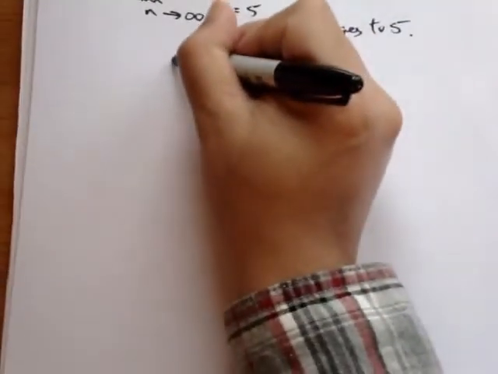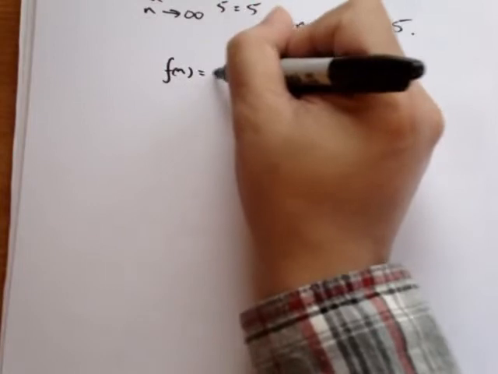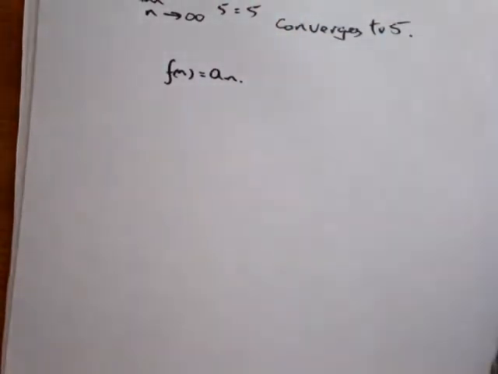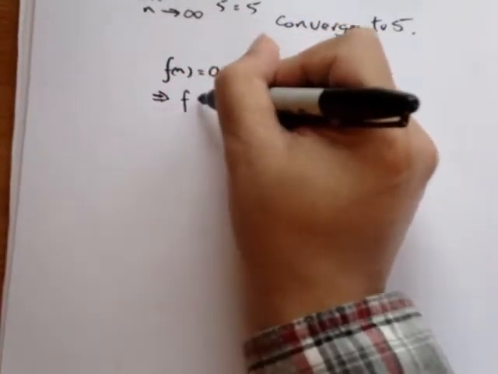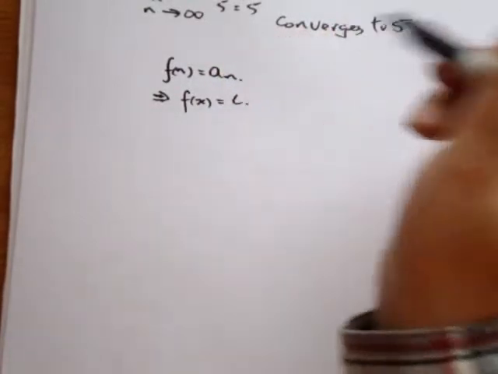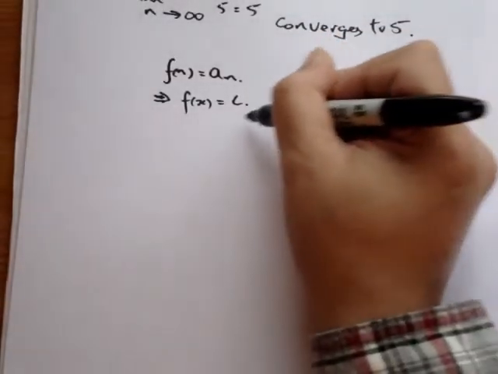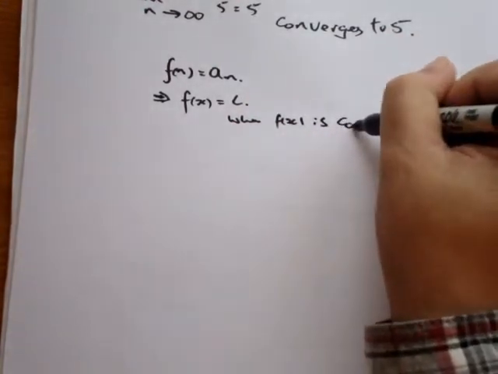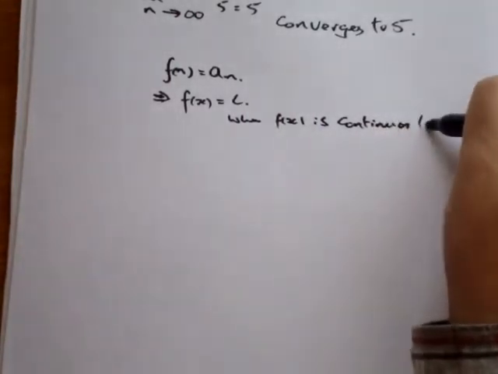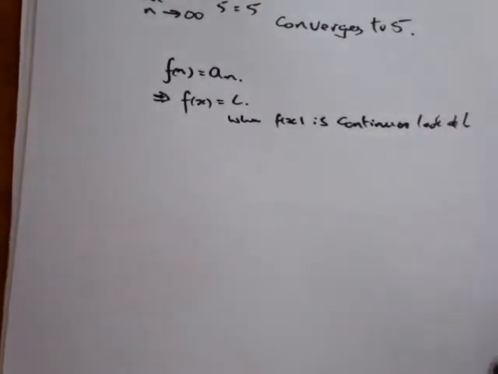So if we have f of n equals a sub n, and we look at f of x, which is the continuous case, then when f of x is a continuous variable, we can look at the limit L. So when f of x is continuous, we can look at L to see if it converges or doesn't converge. So let's have a look at that.